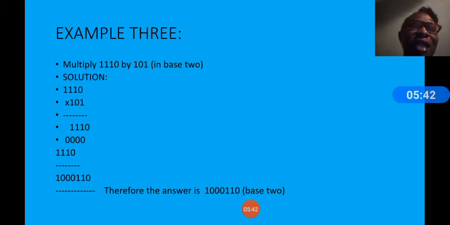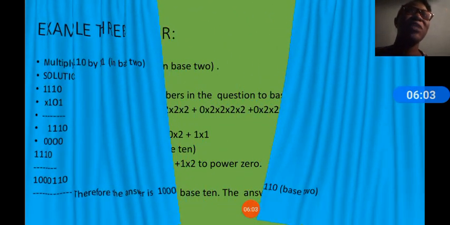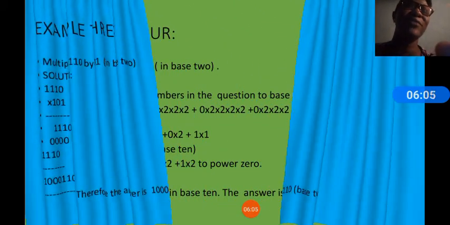Then if you multiply the top with 0, you will have all zeros. Then if you multiply again with 1, you have 1110. Then when you do your addition, considering it in binary, you will have 100110 for your final answer. I think it's clear, because multiplication is not that different from your addition.